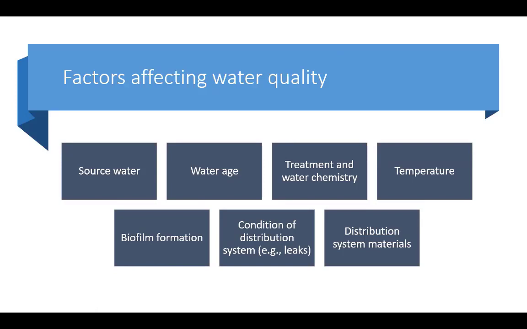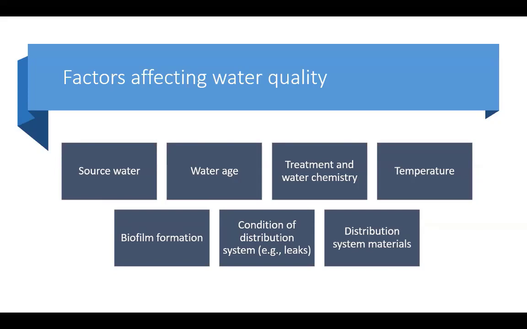The longer the water sits in the pipes, the longer time for reactions, the longer time for chlorine to decay, the longer time for any metals in the pipes to dissolve or leach into the water system, the longer time for microorganisms to proliferate.